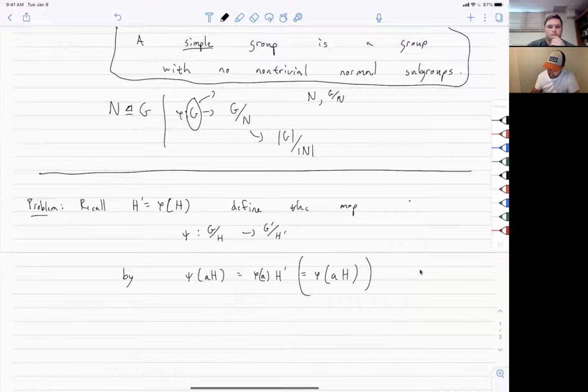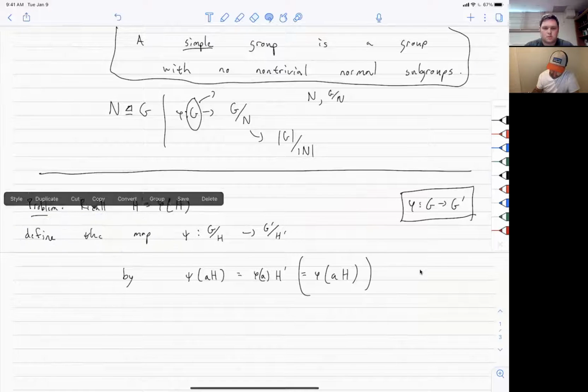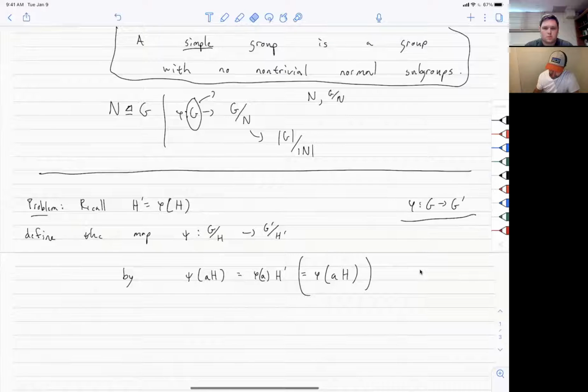Okay. Recall, phi is this map from G in the correspondence theorem. Of course, they have a script G on the right, but okay. Phi is this map. Sorry, this is getting a little sloppy here. Let me just clean it up a little. Okay, so now we're going to define this map this way.